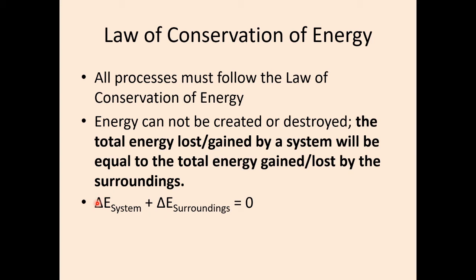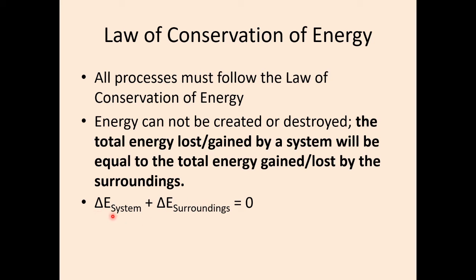Or whatever energy is being lost by the system would be equal to the same amount of energy being gained by the surroundings. Ultimately, the change in the total amount of energy should be zero, because no energy is created or destroyed. So perceived loss of energy here really is being gained here.